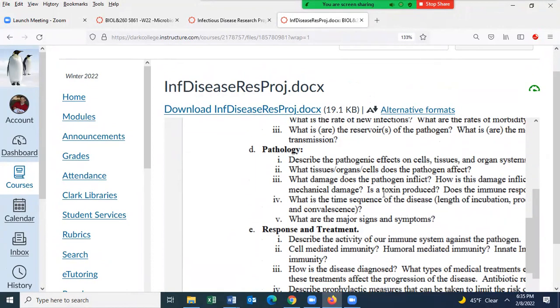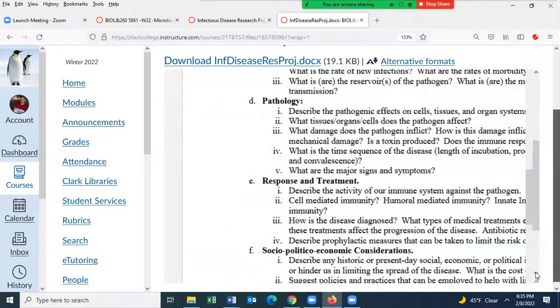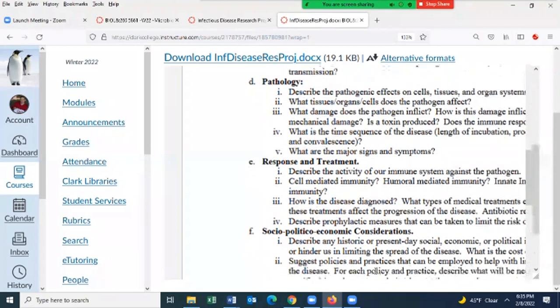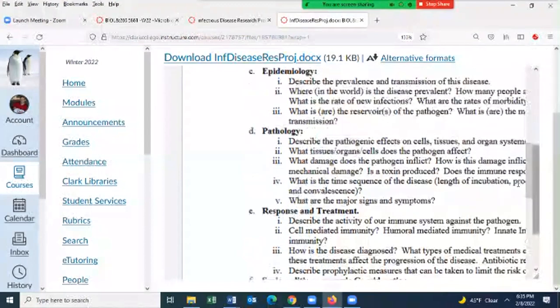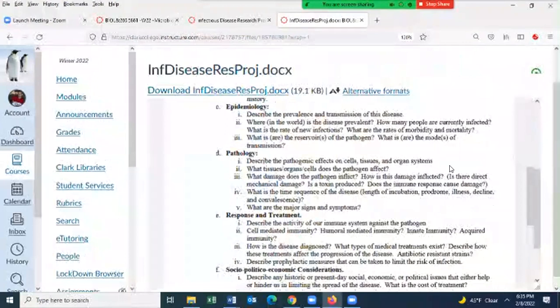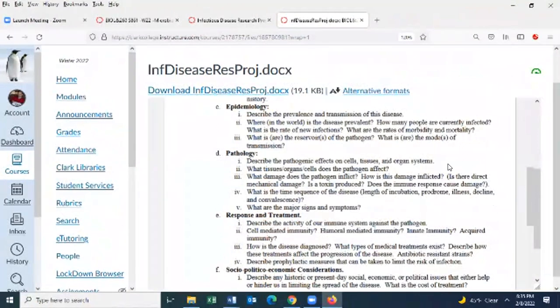Describe the pathogenic effect on cells and tissues. Let's see if I can scroll down. Not easily. Nope. Let me shrink it. Describe the pathogenic effect on cells, tissues, and organ systems. What tissues, organs, cells does the pathogen affect? What damage does the pathogen inflict?